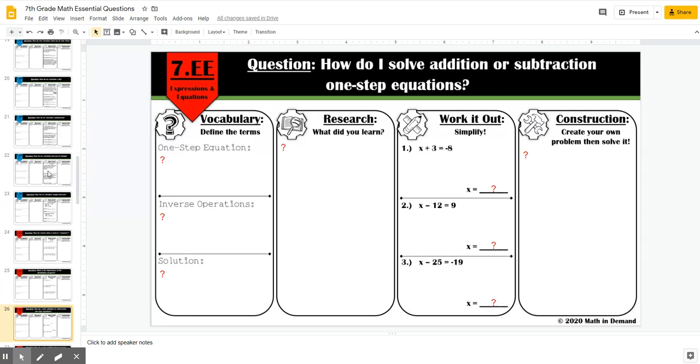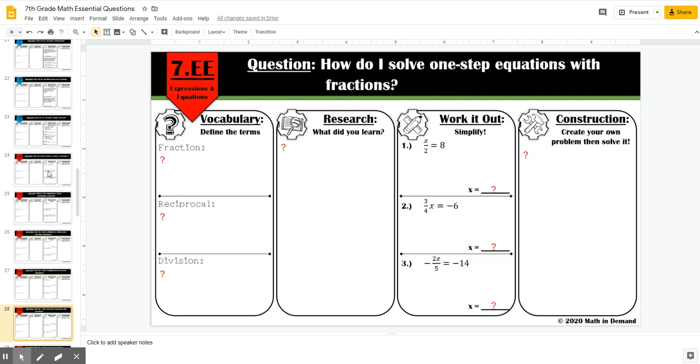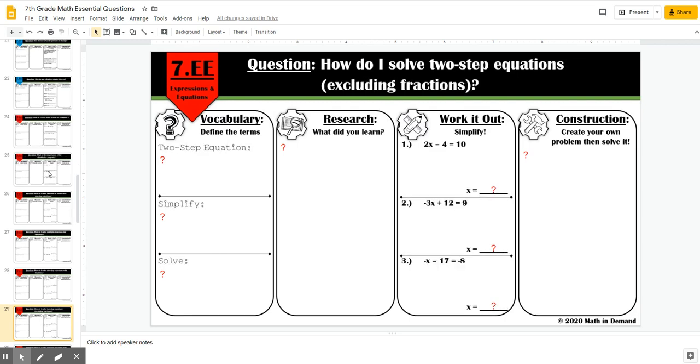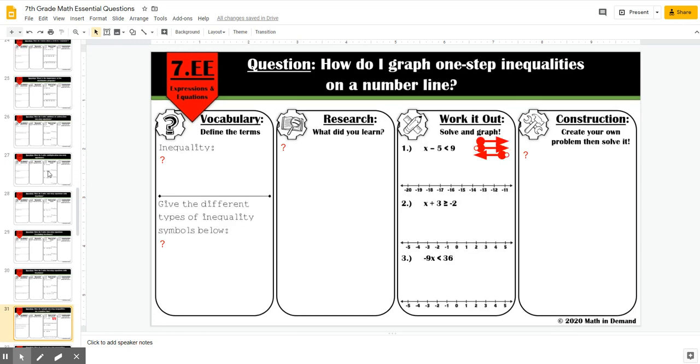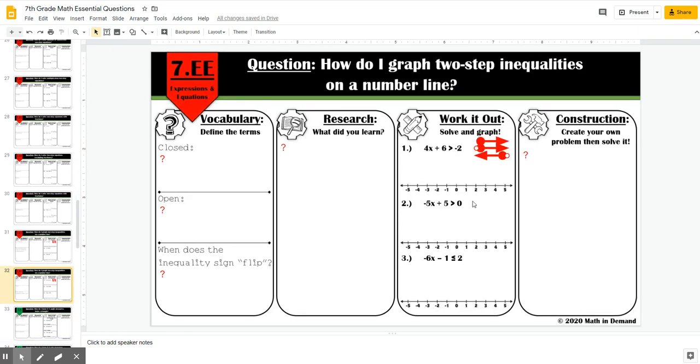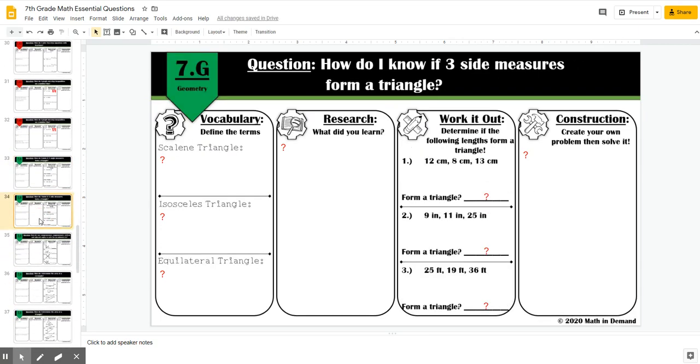We're first looking at the addition or subtraction of them, and then we go into multiplication, fractions. We look at two-step equations and then two-step equations with fractions, inequalities. Now, these students can just move the inequalities around. So once they solve it, they can go ahead and move their graph.